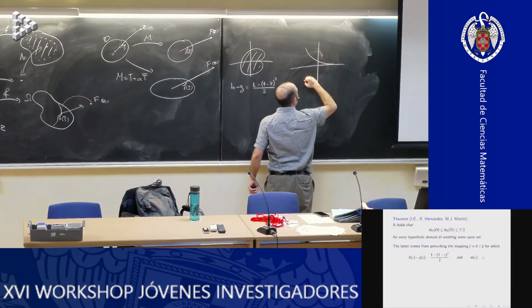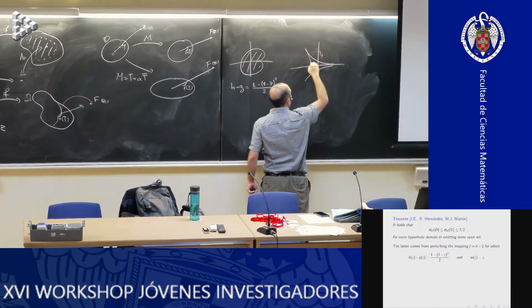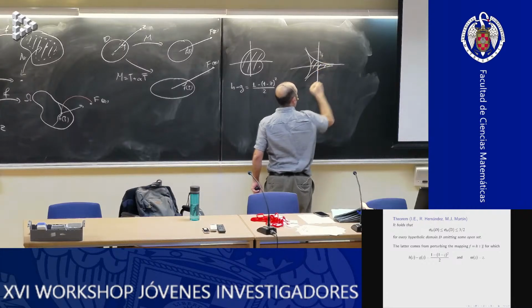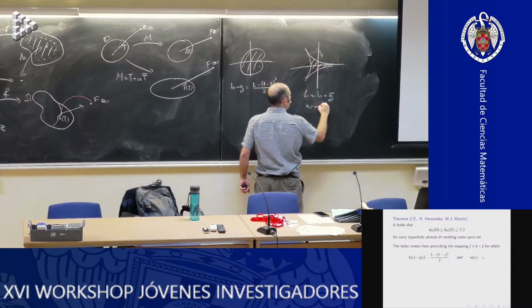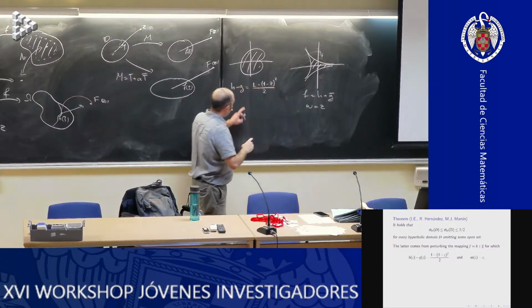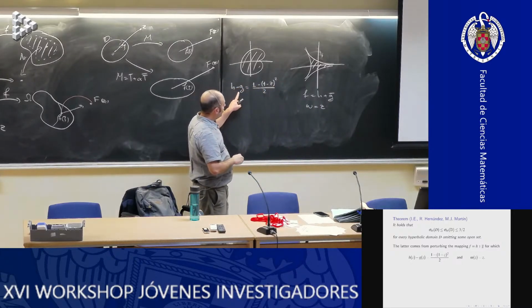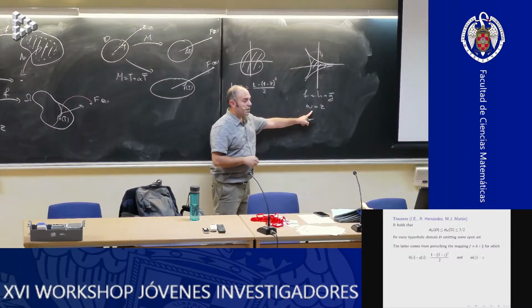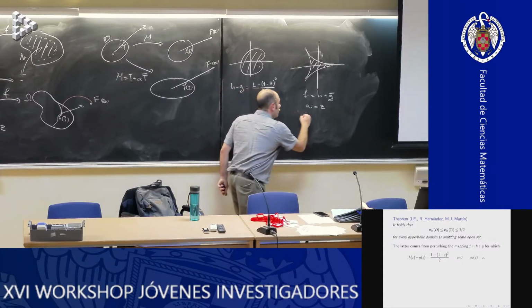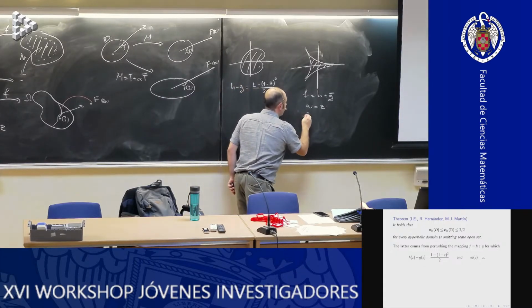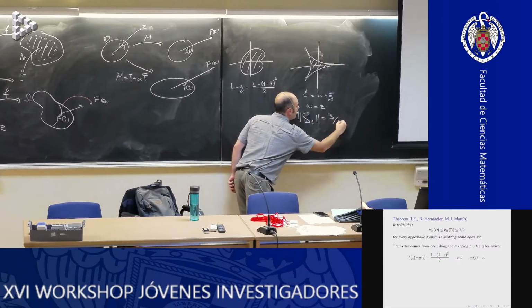So this procedure produces this triangle. Let me recap: giving you the difference h minus g and the dilatation omega, we get the mapping F. And that's the image of F. And the Schwarzian derivative of this F is exactly 3/2.